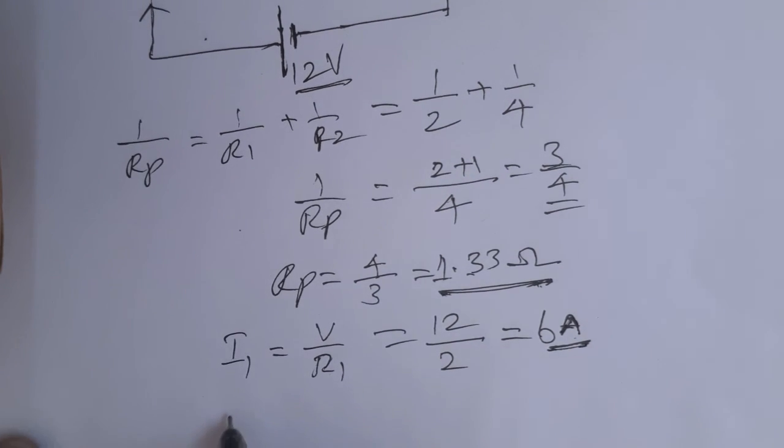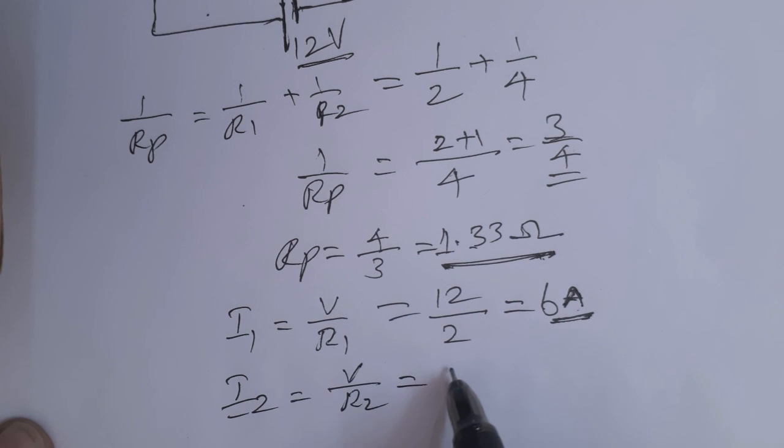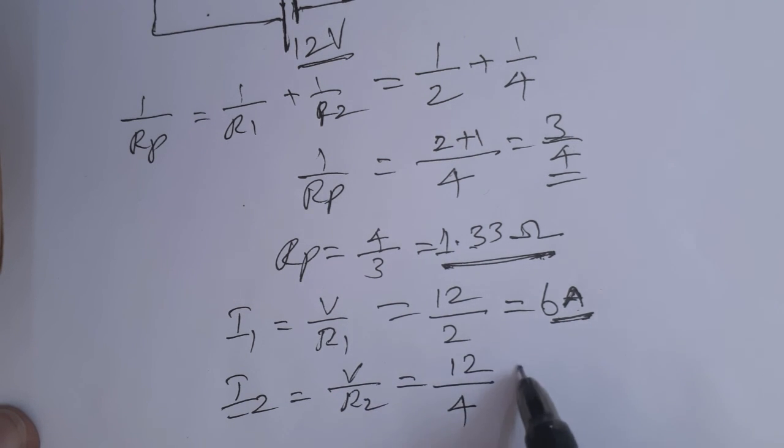If you go for I2, I2 equal to V by R2 equal to 12 by 4. So 12 by 4 equal to 3 amperes. So the current passing through the resistor R2, which has 4 ohm, is 3 amperes.